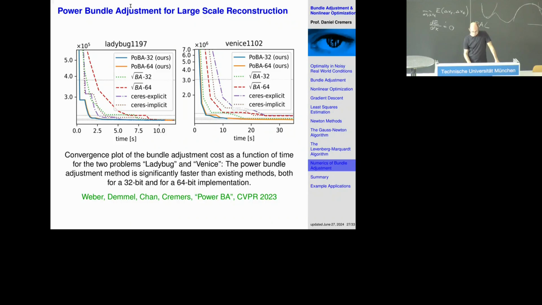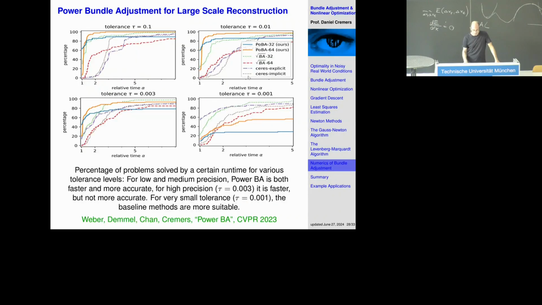Now this is just for 2 bundle adjustment problems. What you'd like to see is, does that really hold for all conceivable bundle adjustment problems? The BAL dataset contains approximately 100 bundle adjustment problems. And what we did is we averaged all of these 100 problems into one single plot. Basically we asked, how long does it take to solve it exactly?